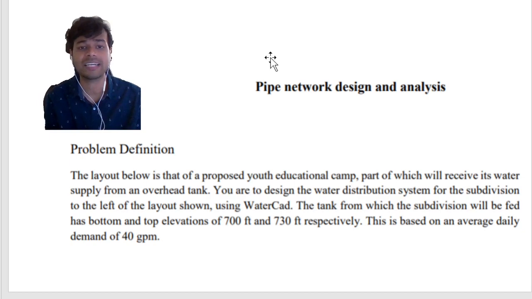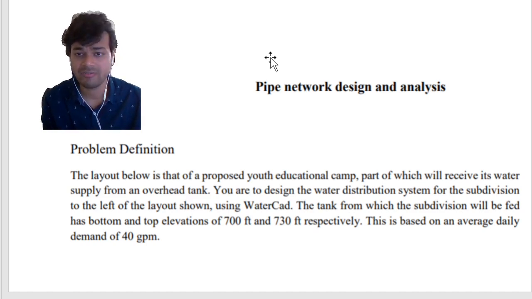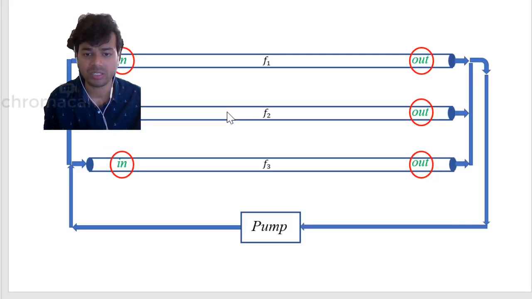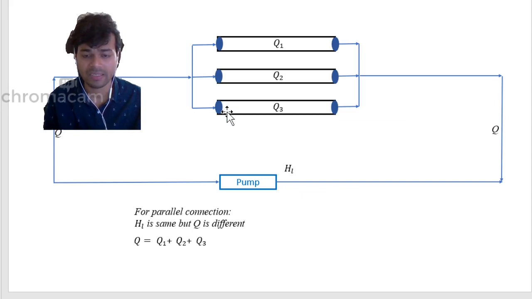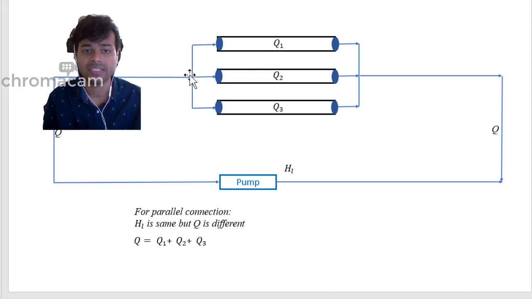Kirchhoff said, in a circuit, at any joint, the inflow of current and the outflow of current are the same. In other words, if you look at a parallel or series connection, at any joint the summation of inflow and outflow is the same.